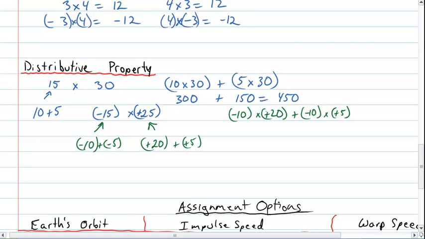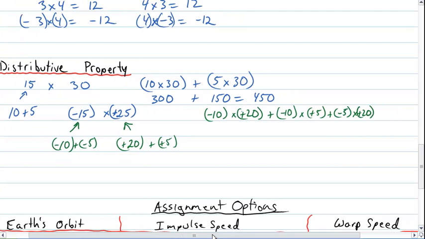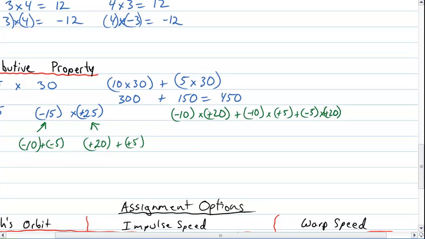Now we have to do the negative 5 times positive 20, plus negative 5 times positive 5.